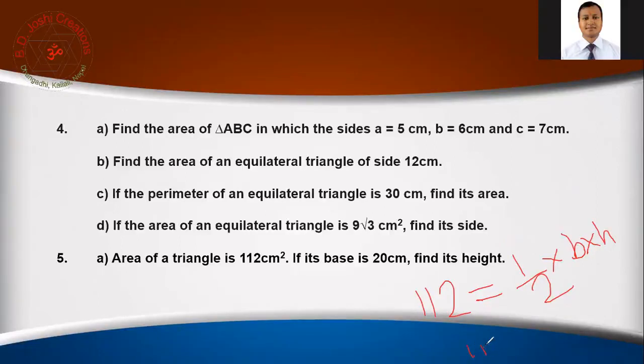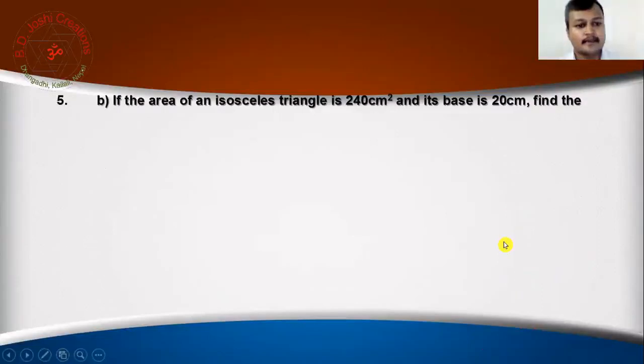That means 112 is equal to 1 by 2 into 20 into h. This gives us 10 after cancelling. If 112 is divided by 10, that gives us 11.2. The height of the triangle is 11.2 centimeter.